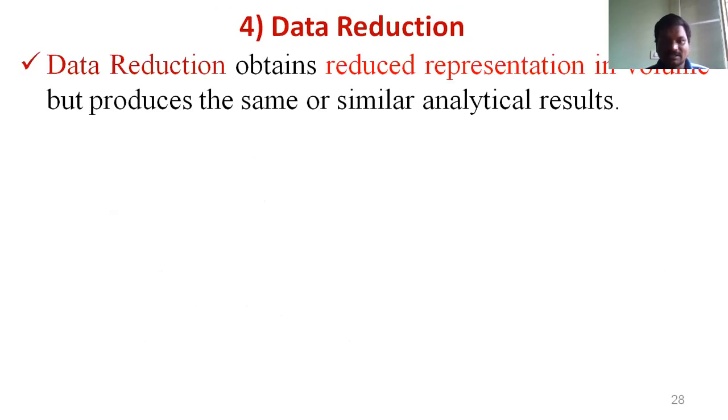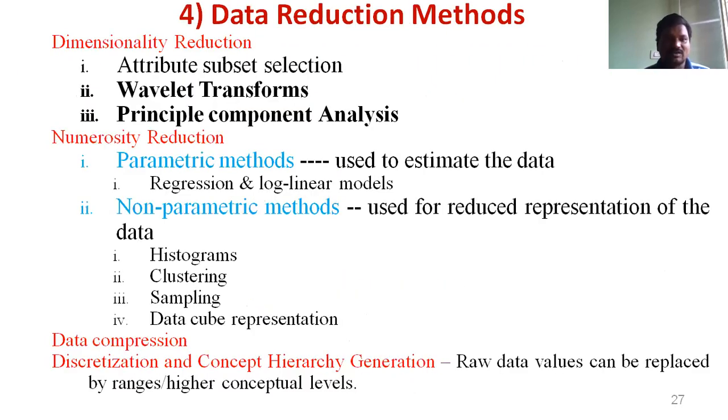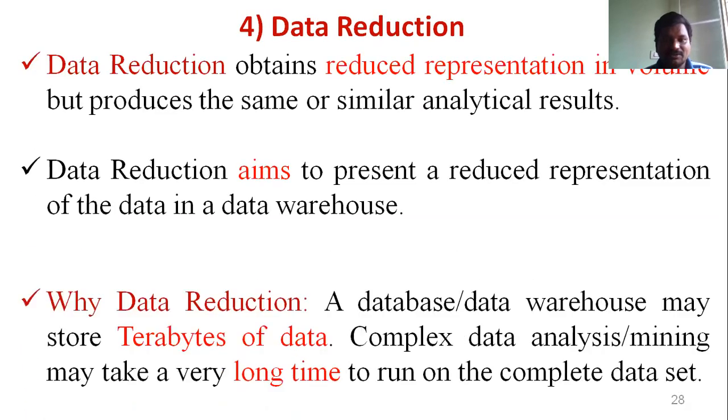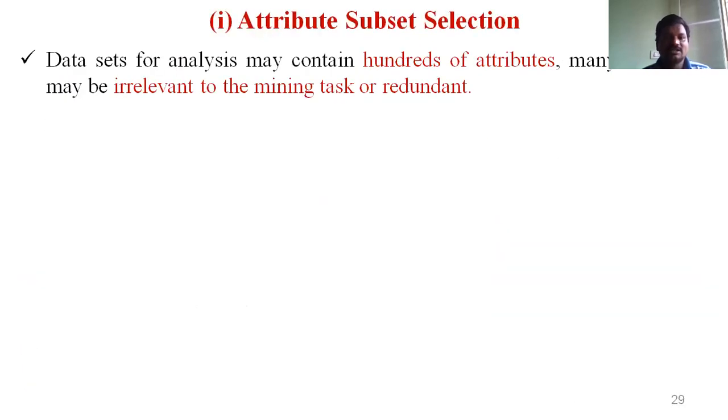In the data reduction methodologies, the first one is dimensionality reduction. In dimensionality reduction, the first approach is attribute subset selection. What is attribute subset selection? You have different attributes. How can you reduce those attributes? Some attributes may be required, and some are not.